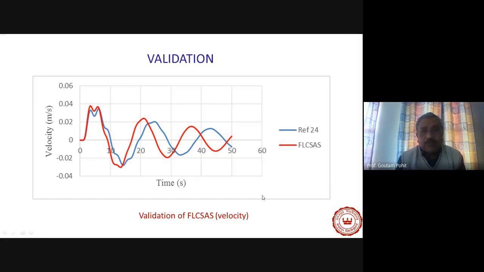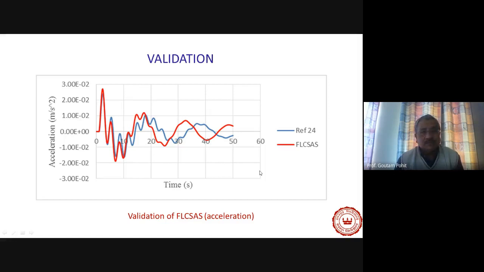We are following the same pattern, but again the same comment applies: the velocity coming to zero is faster than reference 24. And this is the acceleration. The only thing is the acceleration height is a little bit more than reference 24, but again, we are coming to the zero position faster than them.